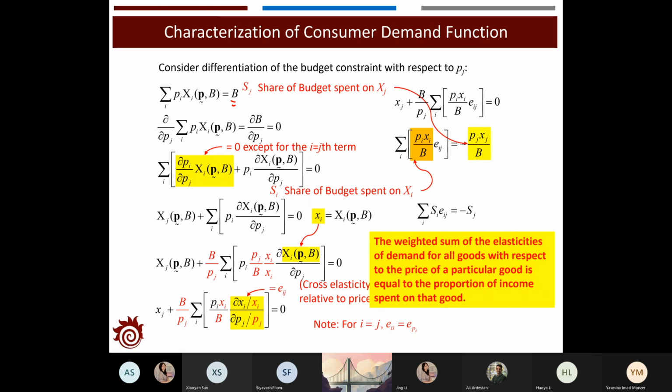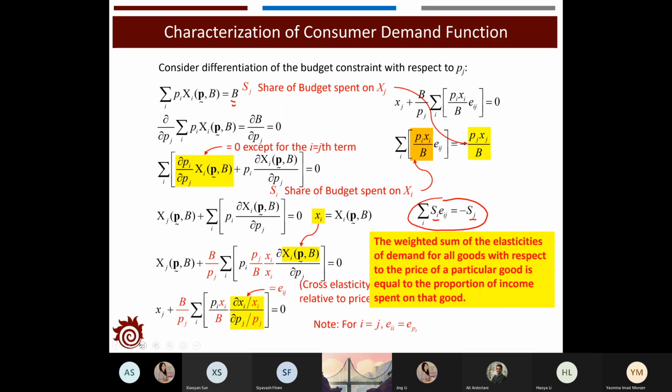the weighted sum of the elasticity of the demand for all the products with respect to the price of a particular good is equal to the proportion of the income spent on that good. Here, SI and SJ represent the share of the budget spent on product I and product J respectively, and EIJ represents the cross elasticity for the demand of I with respect to the price of J. With these three variables, you can get this simplified weighted sum conclusion about the elasticity, especially the cross elasticity.